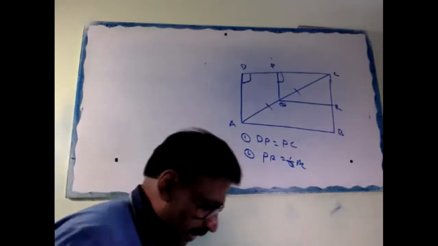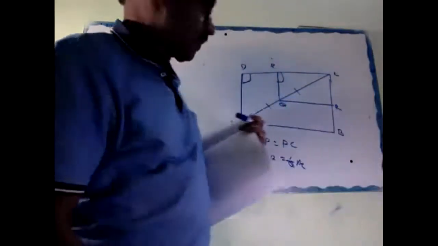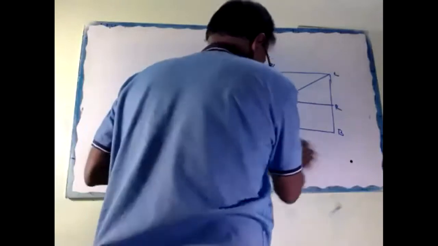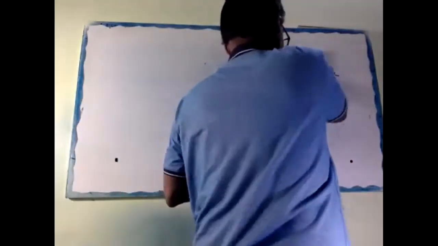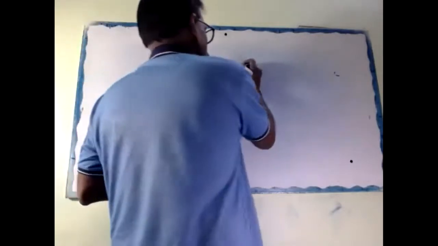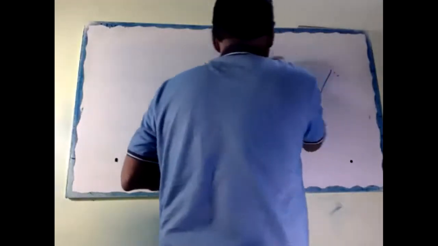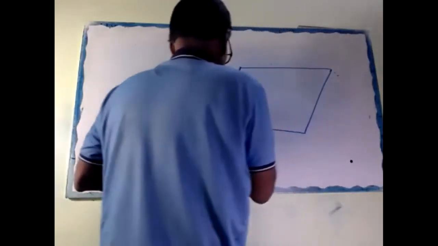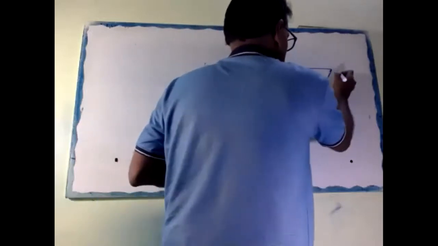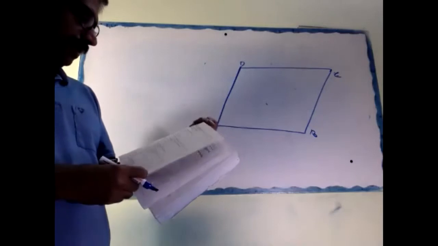Okay, so next question. ABCD is a parallelogram.